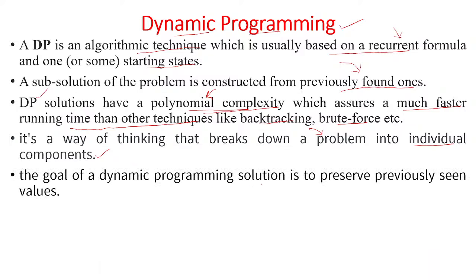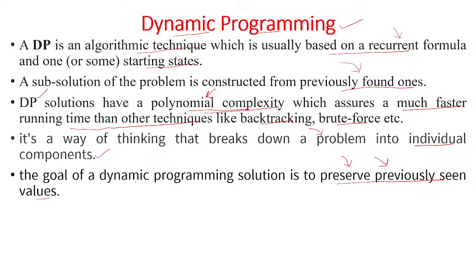The goal of a DP solution is to preserve previously seen values. Previously calculated values, you are not just throwing them out; you are preserving them. If these previously calculated values are required next time, you don't calculate again, you can take them from storage and proceed further.